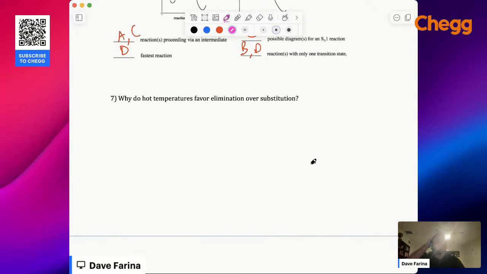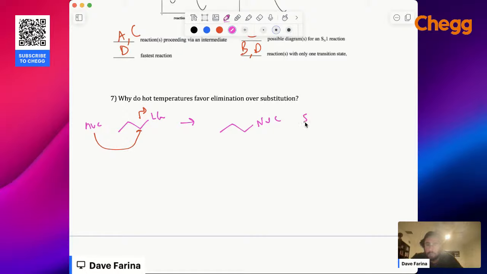So this question was asked earlier. Why do hot temperatures favor elimination over substitution? So let's say we have a leaving group here, and a nucleophile attacks, and we get the product.